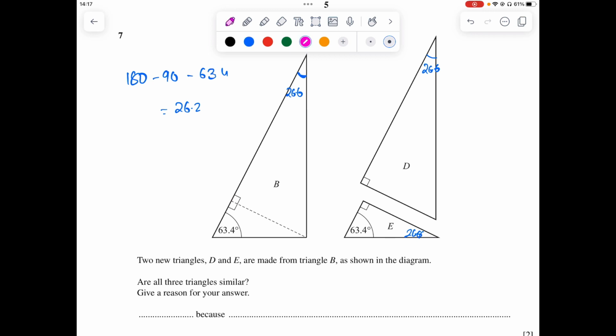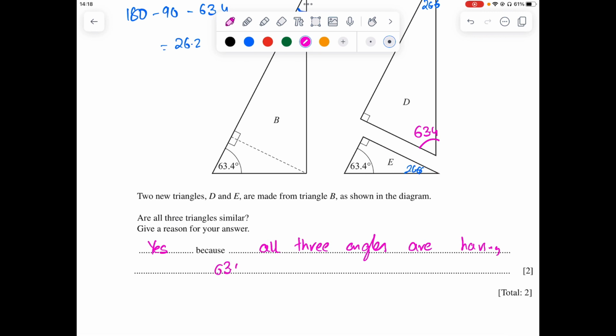So this angle has to be 63.4. So you can see that all three angles are the same. Are they similar? Yes, they are similar. The reason is all three triangles are having 63.4, 26.6 and 90 degrees.